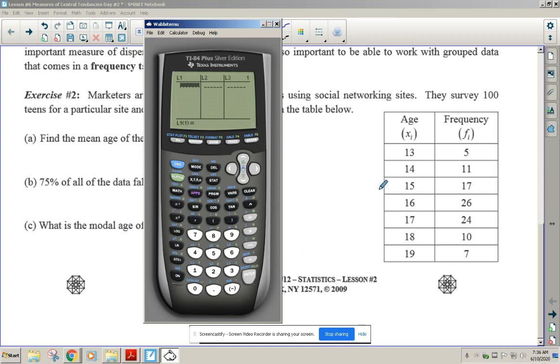So now in the intervals, we're talking about the interval of 13, the interval of 14, 15, 16, 17, 18, and 19.